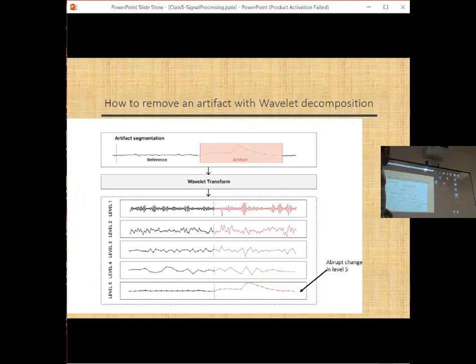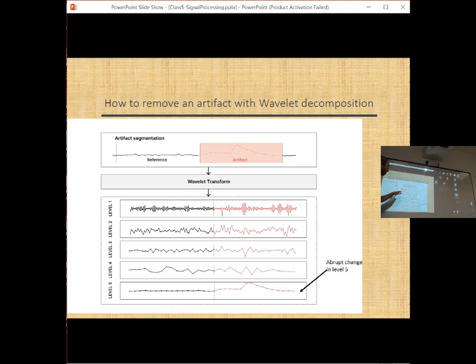Okay. So what we patented a couple of years ago is the following. You have a signal which is okay, and suddenly you have something with an artifact. So you need a way to detect the artifact, which I'm not going to discuss. But suppose you know where the artifact is.